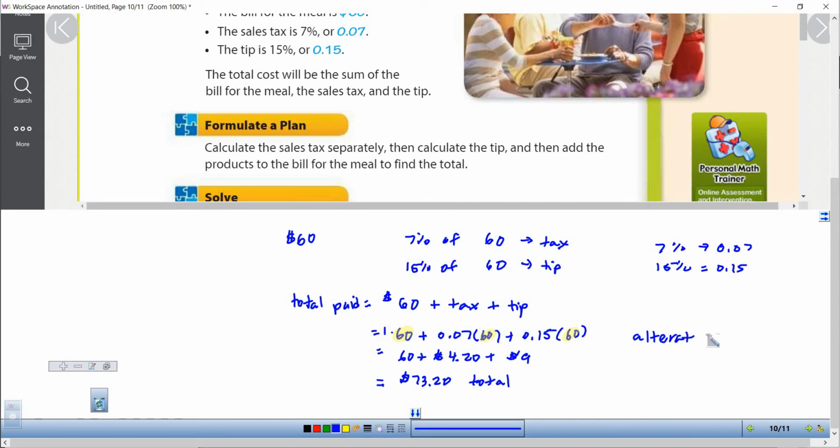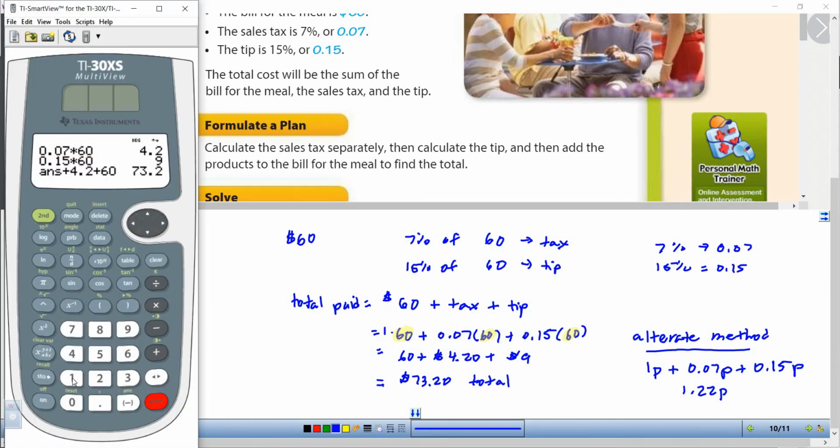If all of these are going to be applied, we could have done 100% plus 7% plus 15%, right? 1 times P plus 0.07 times P plus 0.15 times P. If we put all those together, that would be 1.22P, because 100% plus 7% plus 15% is 122%.